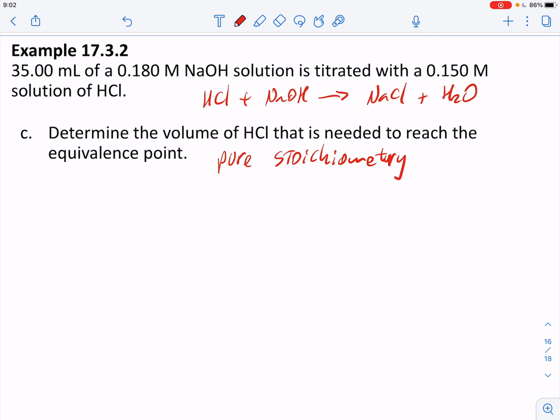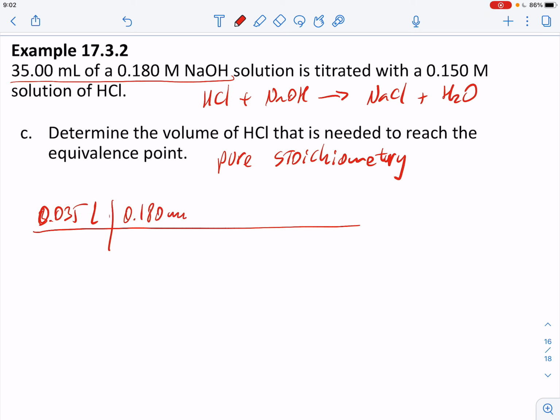How do we start this? Well, we start with what we know. We have 0.035 liters of the base times 0.180 moles of NaOH per liter.